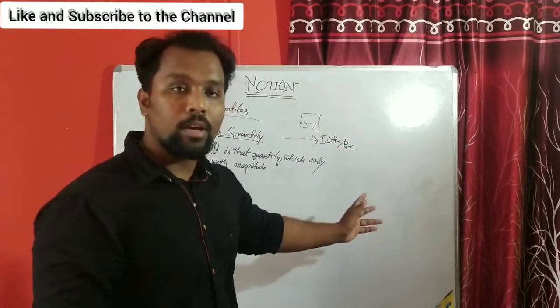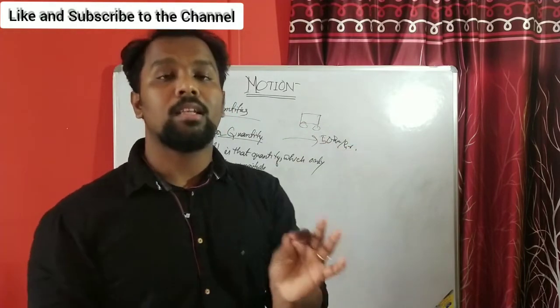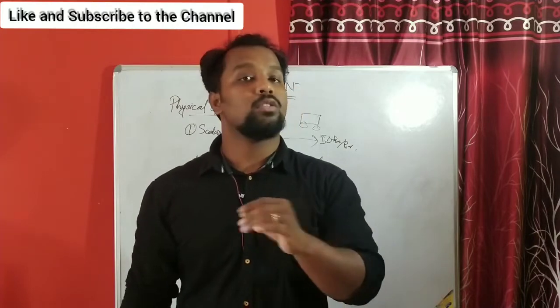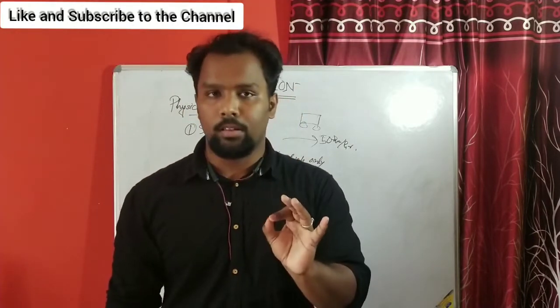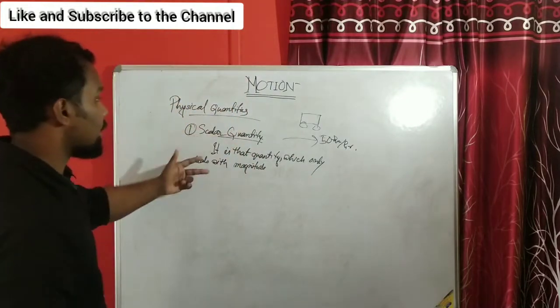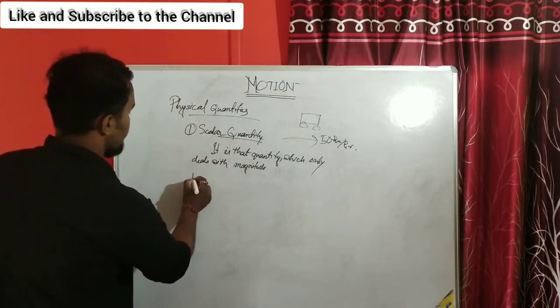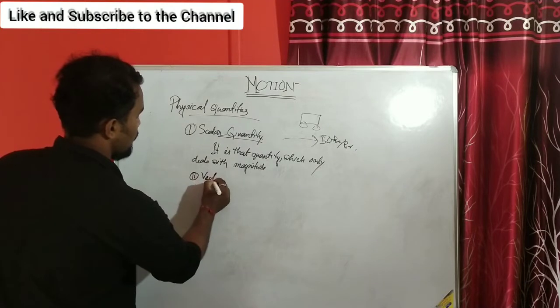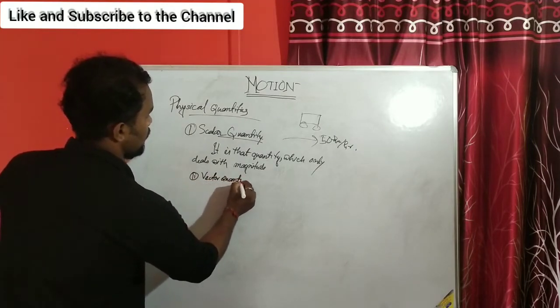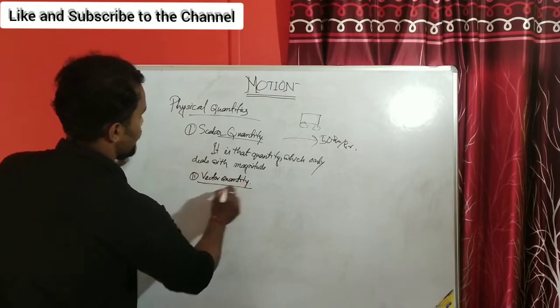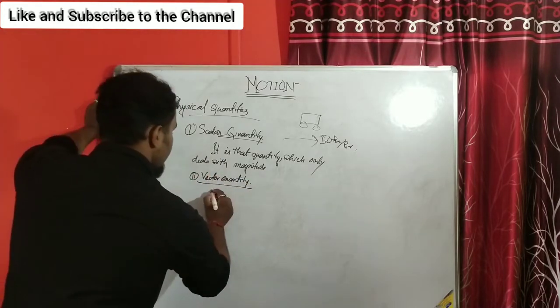No. Once I mention the direction, it is not going to be only a scalar quantity, it is going to be a vector quantity, and that is going to be our second quantity, vector quantity.